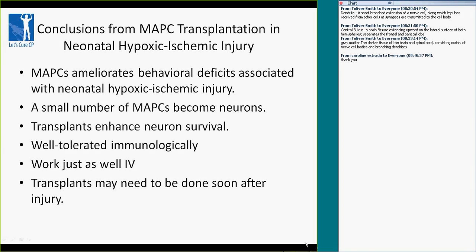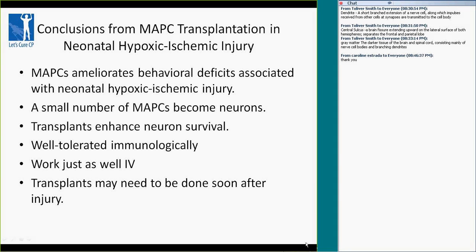Also, MAPCs work well when they're injected intravenously. We don't want to do neurosurgery on a child if we can avoid it, and so we're looking for a cell therapy that we can inject into the bloodstream, put into a drip, as opposed to something we would have to physically inject into the brain.